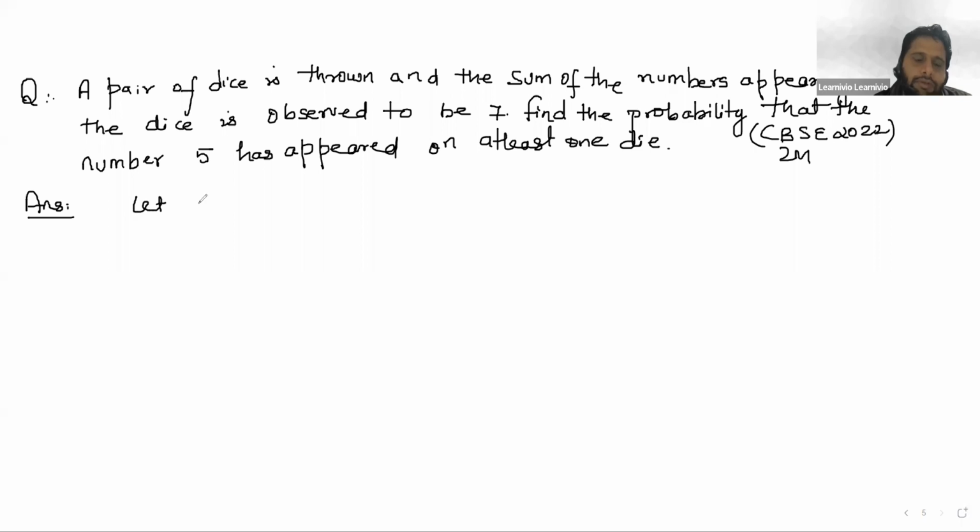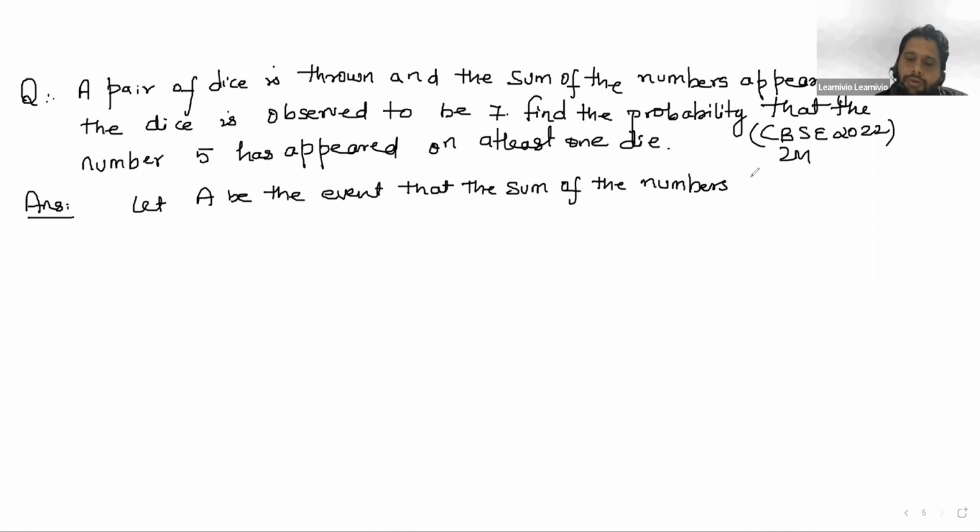Let A be the event that the sum of the numbers appearing on the dice is 7.